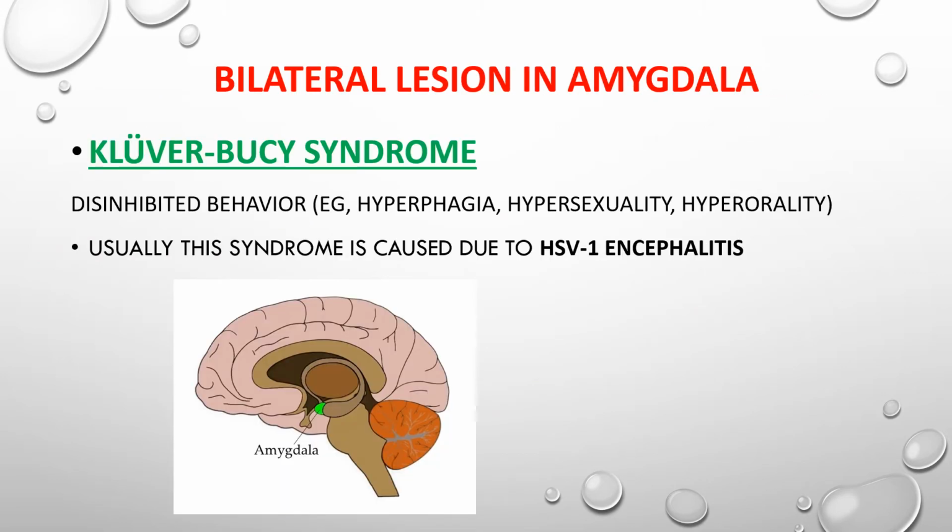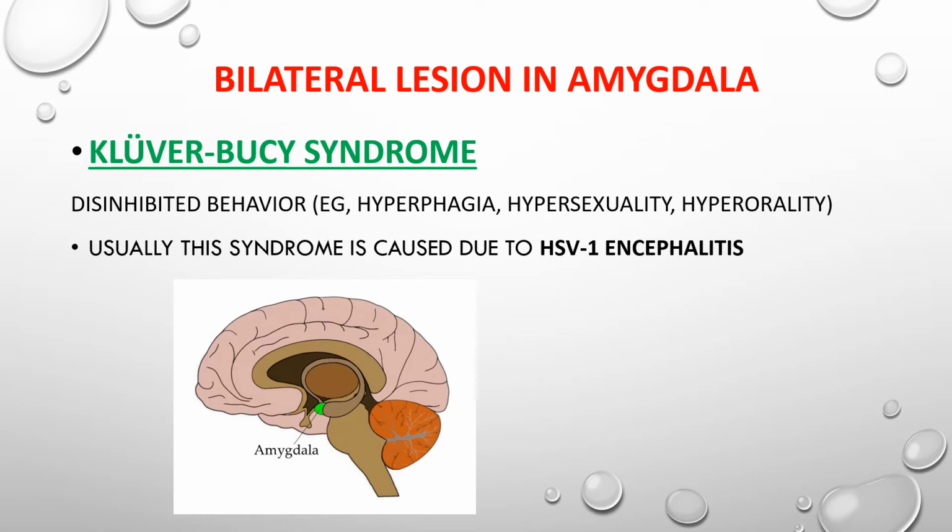Next is bilateral lesion in amygdala. What does it lead to? It leads to Kluver-Bucy syndrome. What is it? It is the syndrome that causes the individual to have some inappropriate behavior.